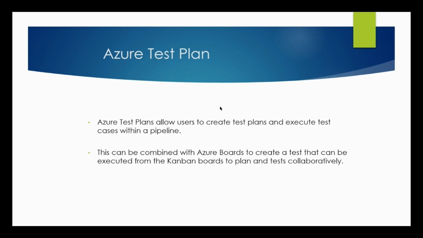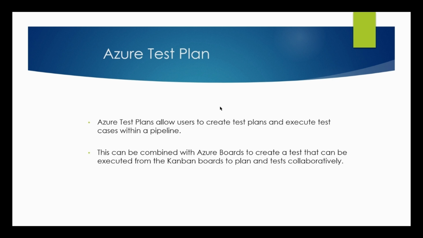Azure Test Plans allows users to create test plans and execute test cases within the pipeline. This can be combined with the Azure Boards or Kanban board. You can add a test from the user story or a feature, and then it automatically links the test cases to the user story or the feature.